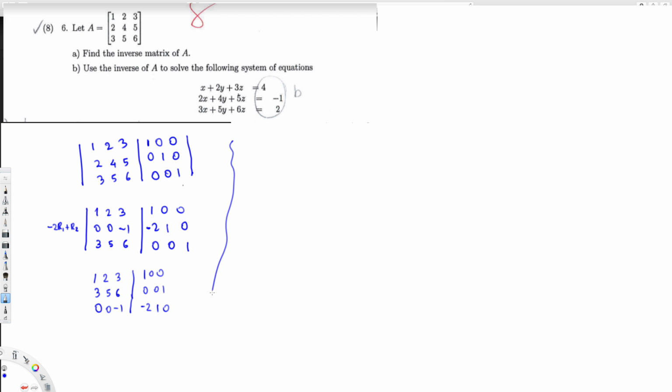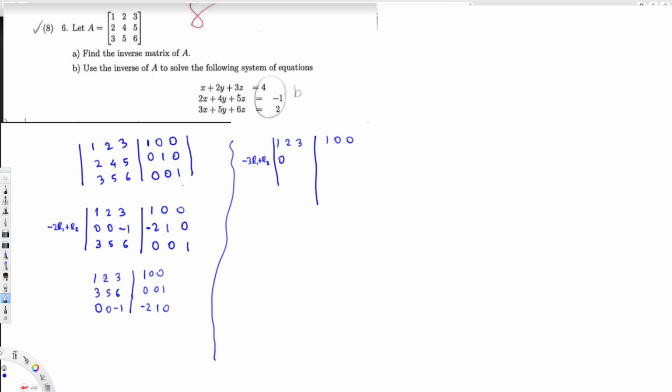The next step I can do is multiply the first equation by -3 and add it to the second equation to make this one equal to 0. So let's see what happens. 1 2 3 and 1 0 0. Multiplying the first equation by -3, -3r1 plus r2 gives me 0 right here.